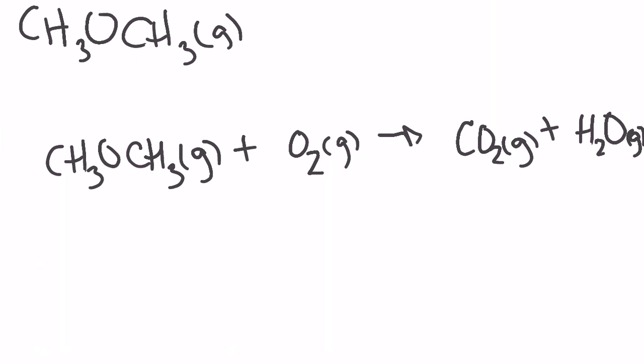We're going to look at the most complicated molecule first. The most complicated molecule is this dimethyl ether. It has 2 carbons, so I'm going to write 2 carbons on the right-hand side. There are 6 hydrogens on the reactant side, so I'm going to put a 3 in front of this water. Now we have to look at the oxygens. On the reactant side, you have 1 oxygen in the dimethyl ether and 2 in the O2, so there are 3 total.